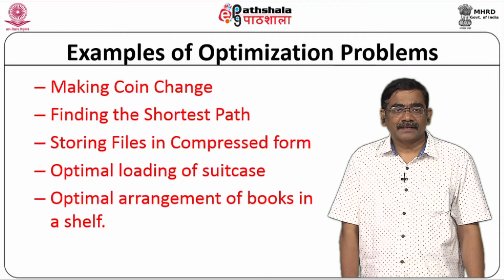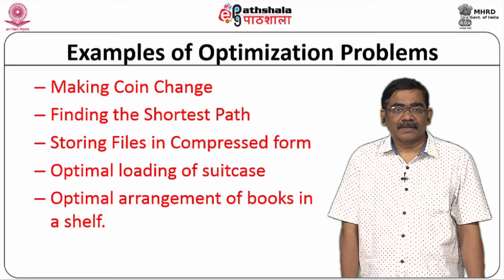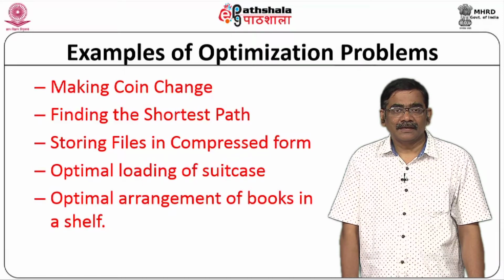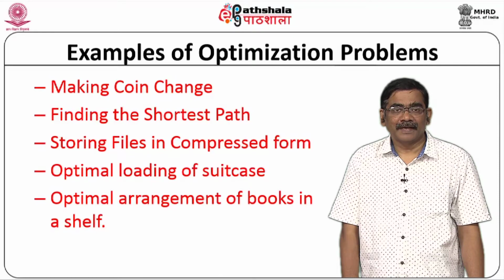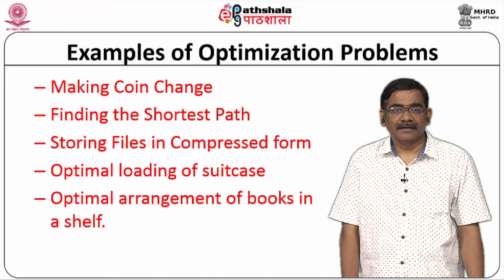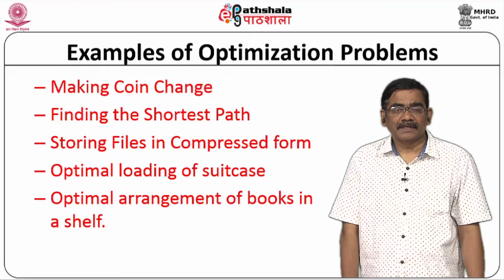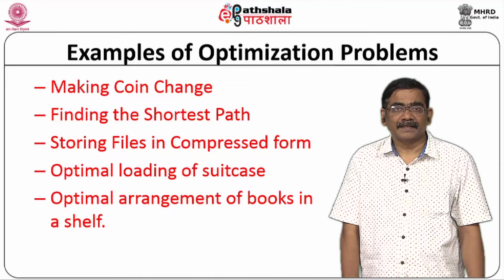You can see that the objective function is always something to maximize or something to minimize. For example, in the case of profit, it may be maximization. If it is a case of effort or path, it will be some sort of minimization.